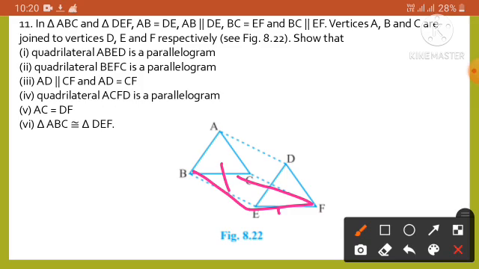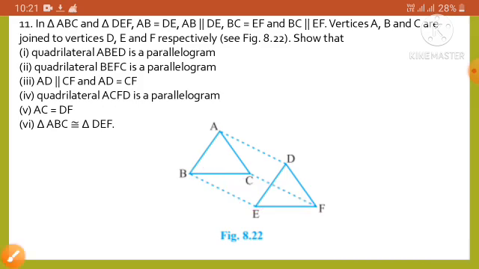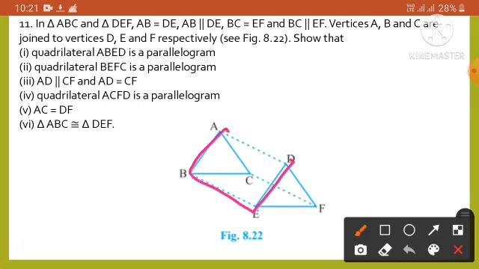Okay. Now ABED is a parallelogram, already proved. So AD is parallel to BE and AD equal to BE, as opposite sides of a parallelogram are equal and parallel. Also BEFC is a parallelogram, already proved. So BE is parallel to CF and BE is equal to CF, as opposite sides of a parallelogram are equal and parallel.